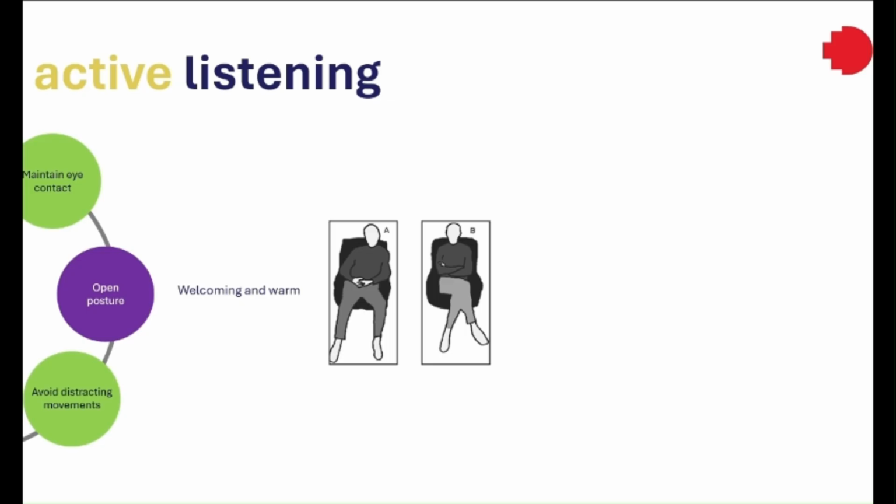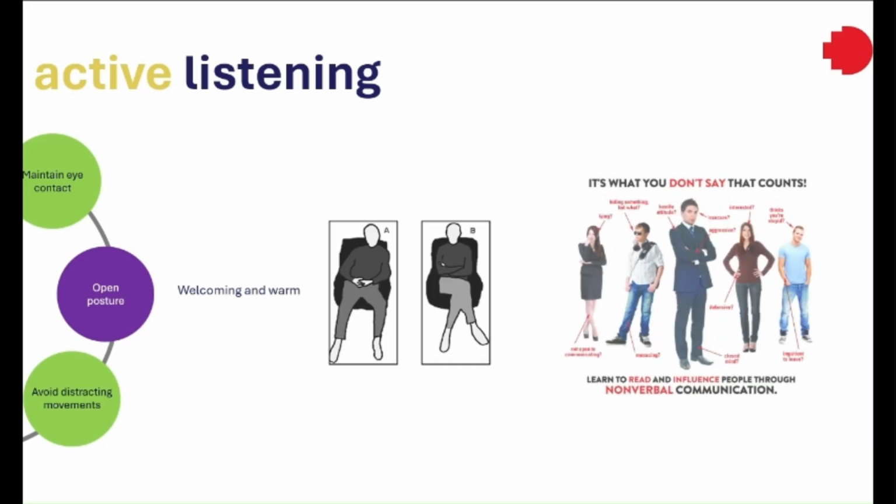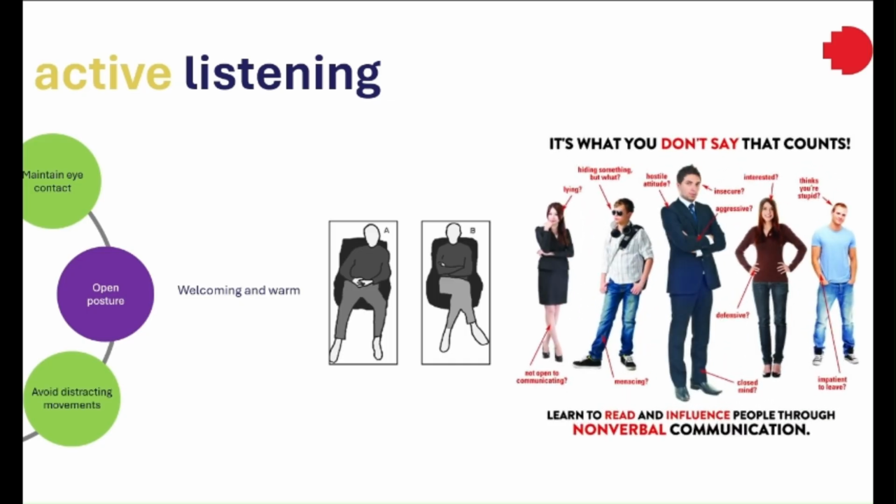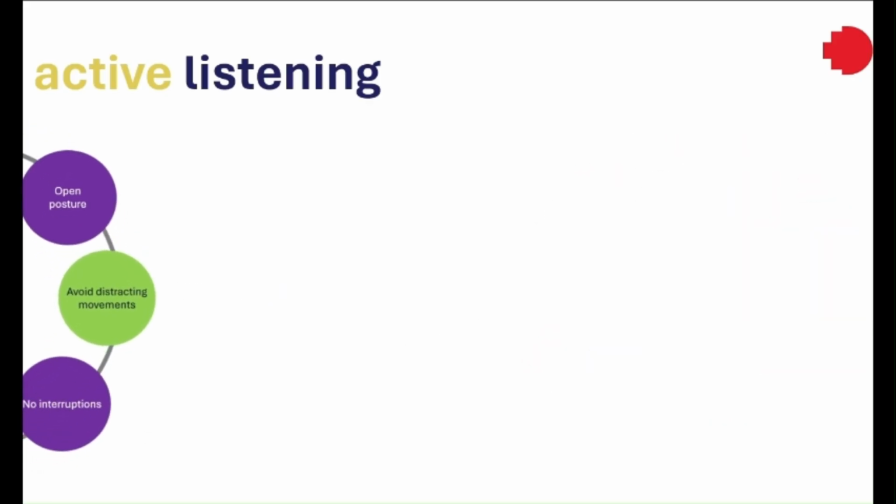Alternatively, a closed posture may convey a message of not being ready or not willing to listen to what their client is saying. These ideas of open and closed postures also fall within the scope of body language. Body language says a lot, and we as counselors should be projecting a welcoming body language.